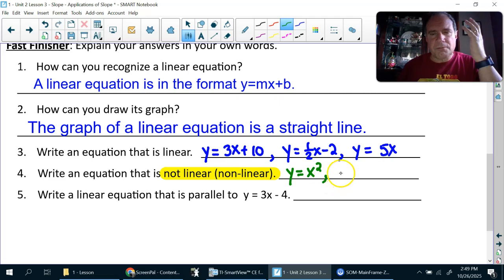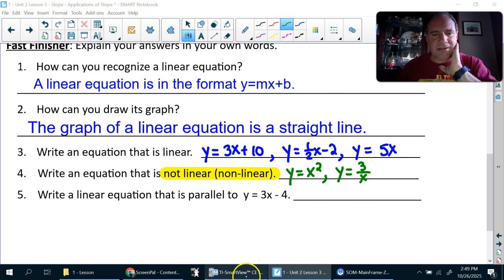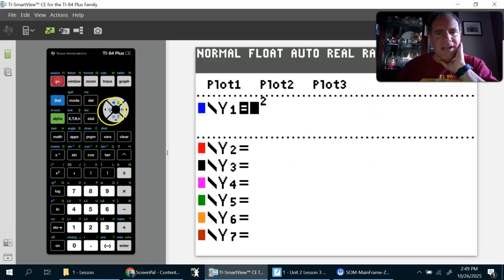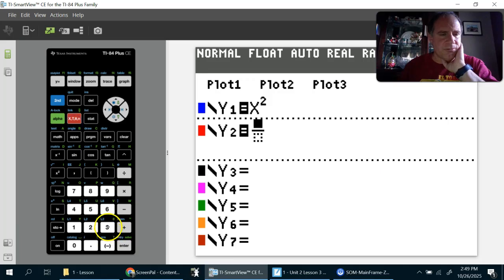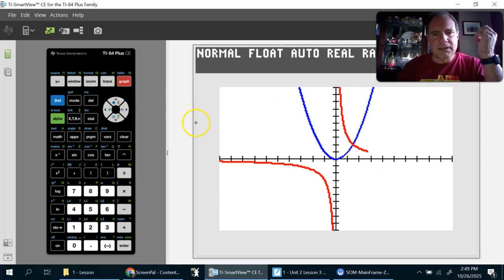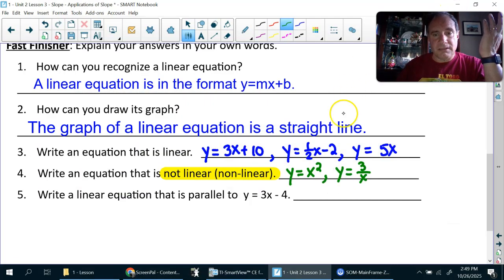To go forward, we can have y equals 3 over x. Let's see what that comes out to be. If you graph it, that is not y equals mx plus b. I'm going to do alpha x and graph it, and you could see in red that it is non-linear.